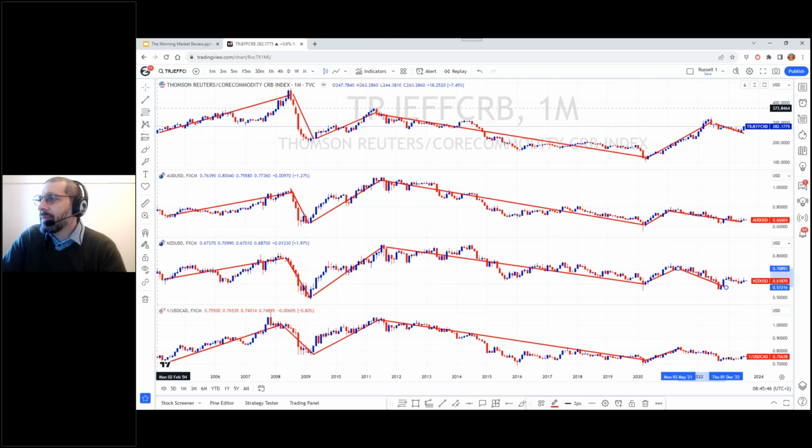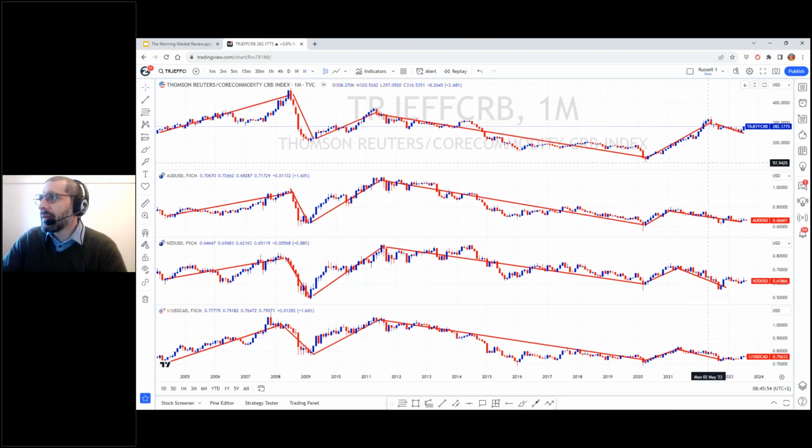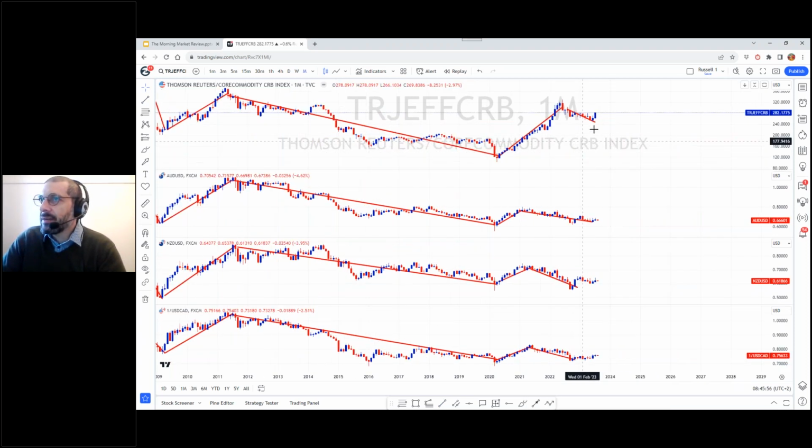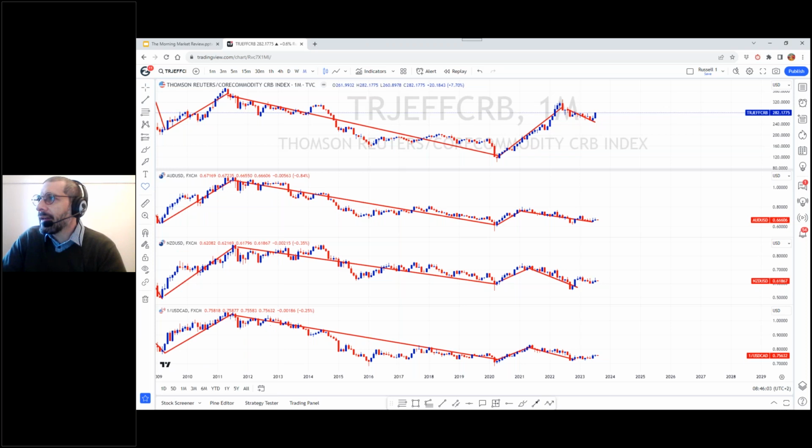Okay, but the idea is I want to show you that the commodity currencies are tracking the commodity cycle. Now take a look at the commodity cycle over here. It's starting to kick up. Okay. So I think that it's worth taking note.